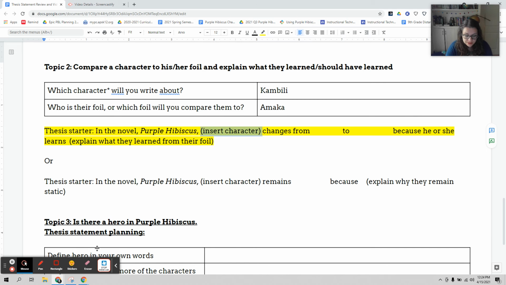In the novel Purple Hibiscus, Kambili changes from blank to blank. So what is Kambili like at the start of the novel? Well, she's really timid. She's really shy. She's an observer. So I'm going to put she changes from a silent observer to, and so by the end of the novel, I think Kambili is now actively participating in her life.